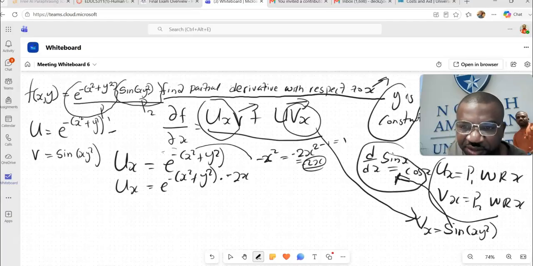So have this at the back of your mind: whenever you see sine in a partial derivative problem, the derivative of sine is cosine. So in that case, the sine here will become cosine.